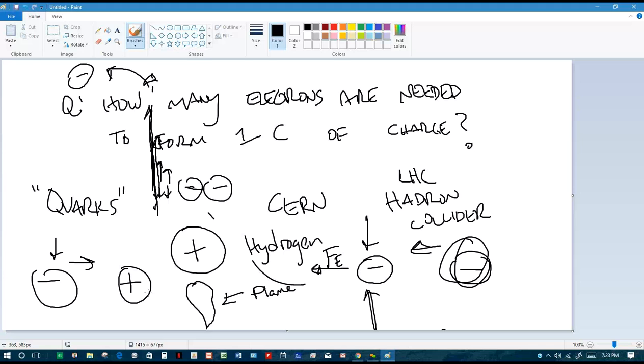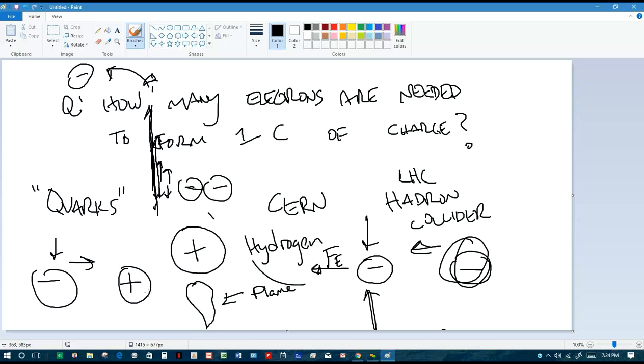Electrons actually do get repulsed or attracted to magnets as well, and that's the idea of electromagnetism. That you can use magnets to affect electric charge, and you could also use electric charge to affect magnets. They affect each other with a force. And so they use the magnets to steer them in the circle, to change their direction.